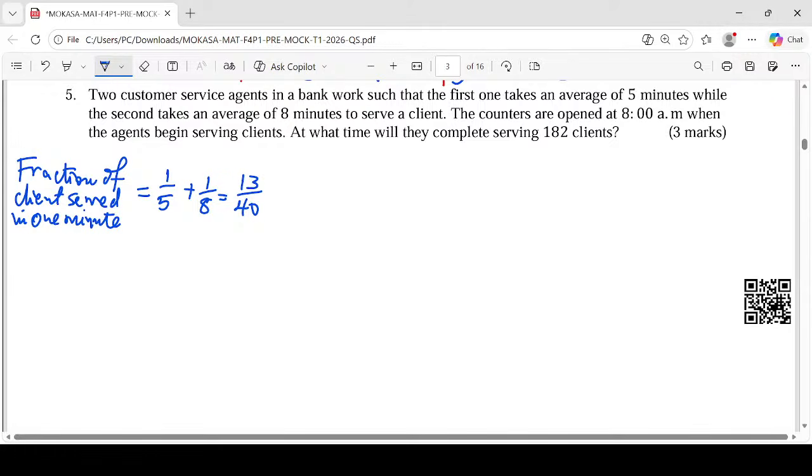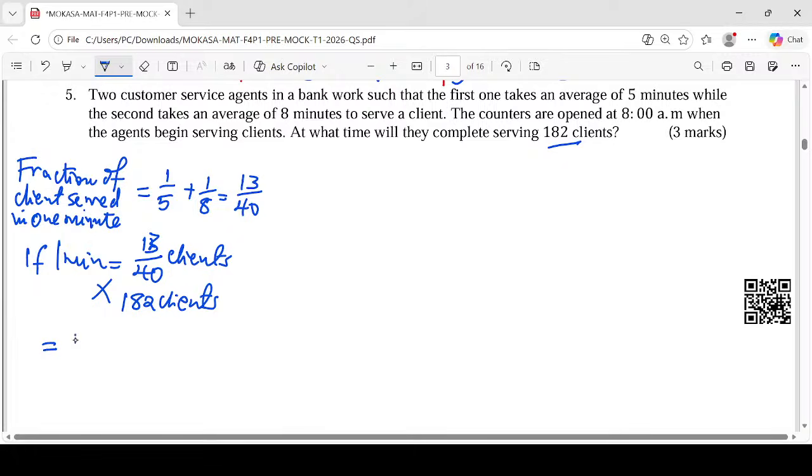Then we are going to say, if in 1 minute we serve 13 out of 40 clients, what about 182 clients? We cross multiply.